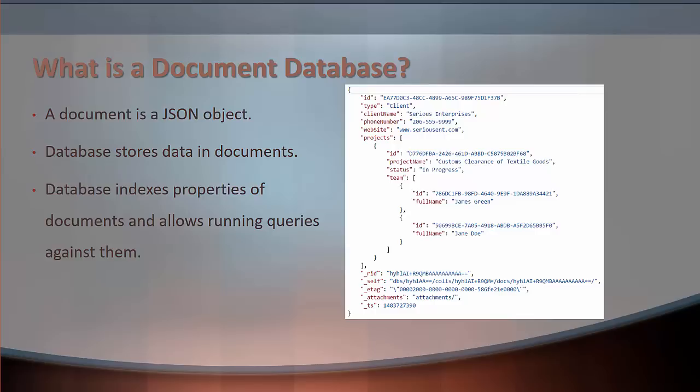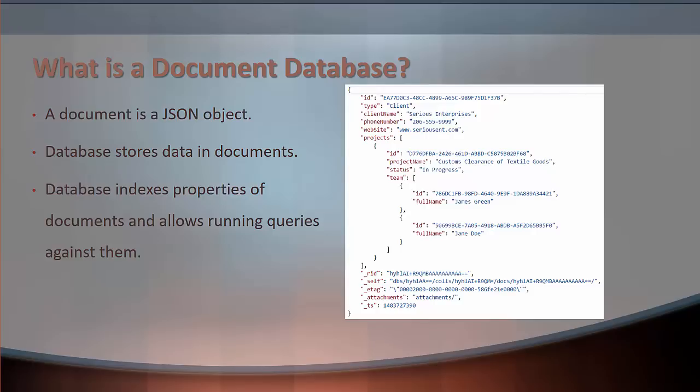Now, I have the ability to fine-tune that. I can say, for example, I don't think I'm ever going to run a query against the project status, so don't index it. So I can do that. But if I didn't do anything and I use the service as it is out of the box, DocumentDB will index every single property.